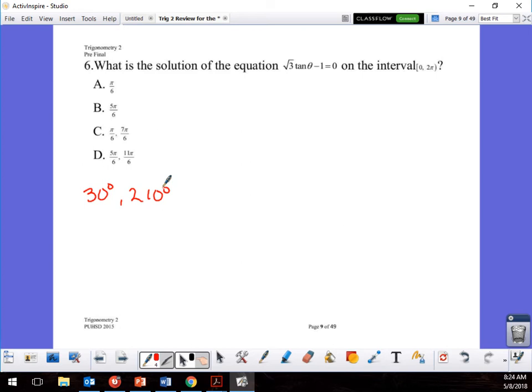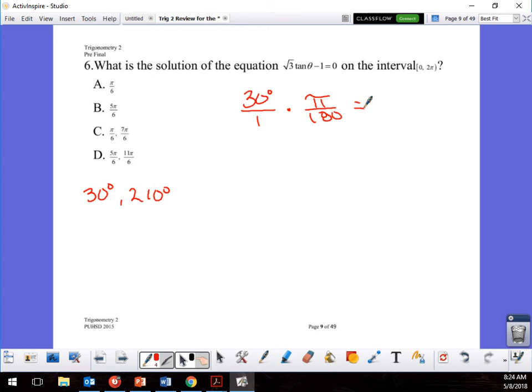Okay, these just so happen to be on my unit circle, but you're gonna get a lot that are not on your unit circle, so we're gonna do a conversion, right? To convert degrees, it's gonna be 30 degrees over 1 times pi over 180, right?